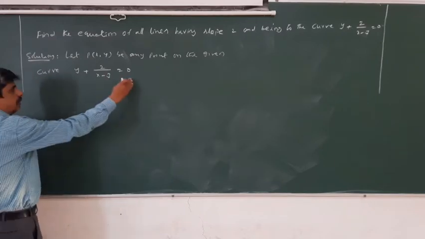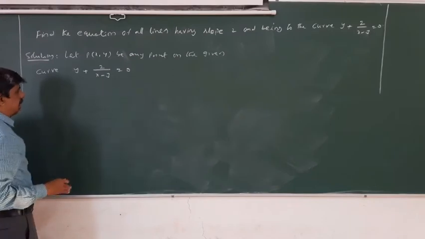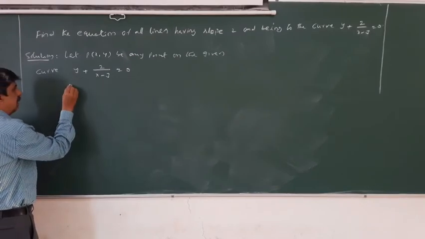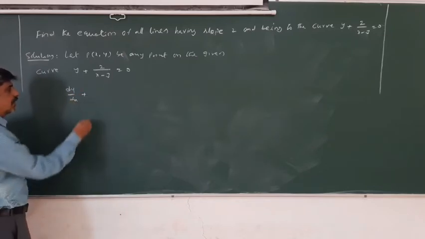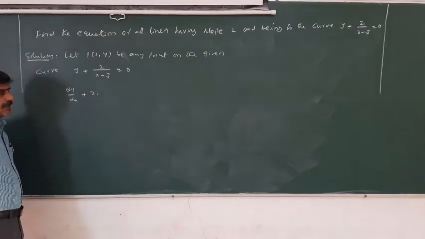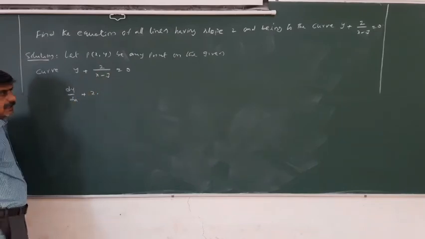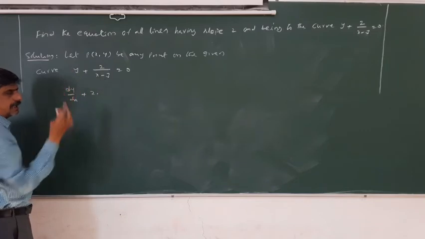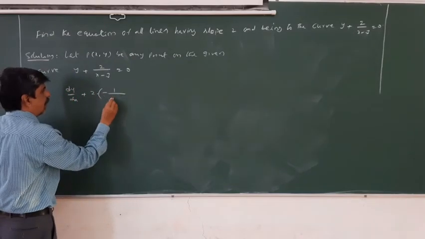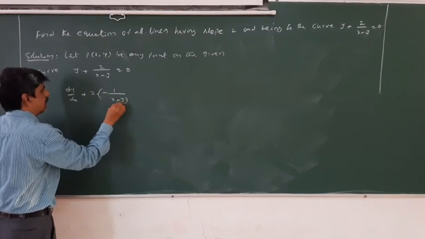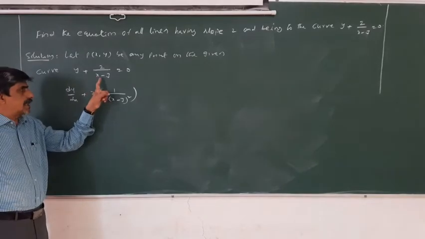So differentiate with respect to x on both sides. Then d by dx of y is dy by dx, plus 2 is a constant coefficient, keep it the same, d by dx of 1 by x minus 3. Now we use the formula: d by dx of 1 by x is minus 1 by x square, so minus 1 by x minus 3 whole square, in the place of x.